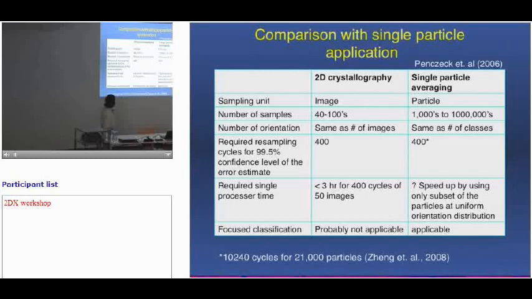The last point is how much single processor time it needs. Because the number of images that we have is very small, we typically don't take as long. And there are a lot of publications you're going to see nowadays about using this method to do so-called focused classification.